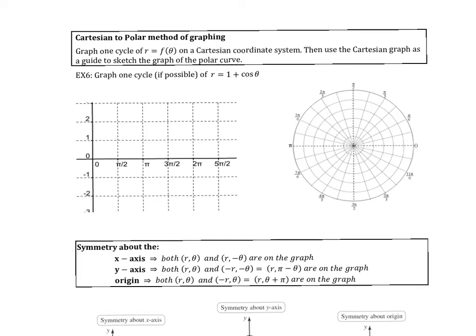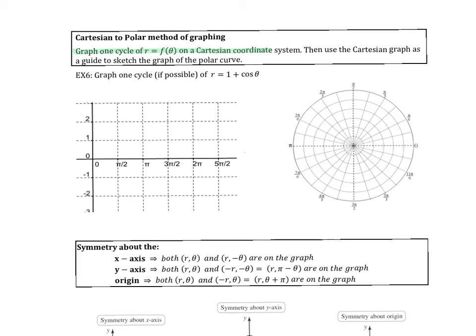So some people prefer to graph in a rectangular coordinate system or a Cartesian coordinate system first, because that's more familiar to them, which you can do. So another way to graph by hand is to graph the function on a Cartesian coordinate. If I look at my axis and I use a Cartesian coordinate, I'm not going to use x and y.